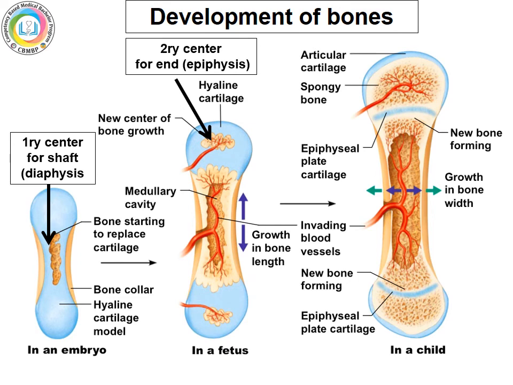Then secondary centers of ossification appear in the two ends, called secondary centers, after birth, at about 3 to 5 years, for the two ends or epiphyses, transforming them into bones. Now all the bone becomes bony except this line, which is the epiphyseal plate of cartilage for growth of bone in length.